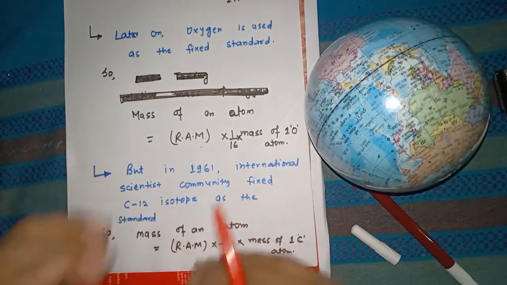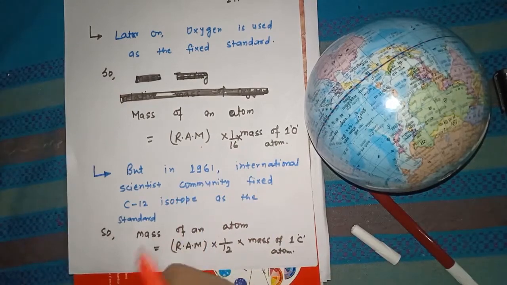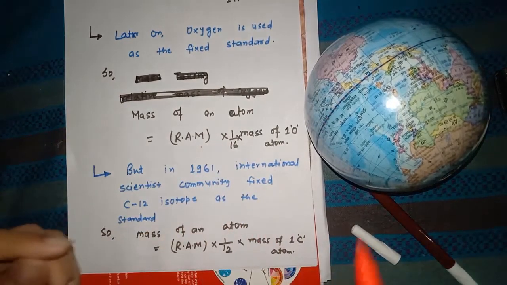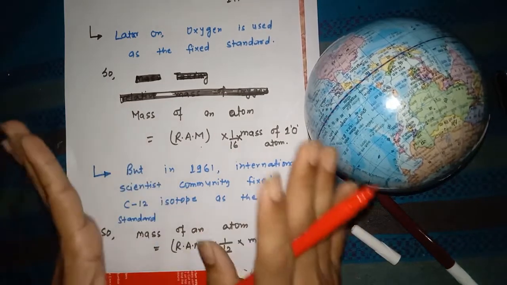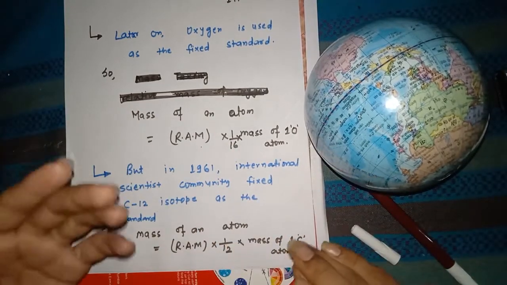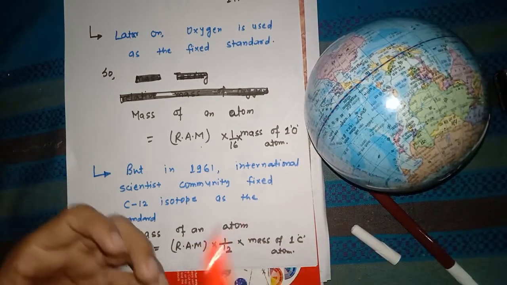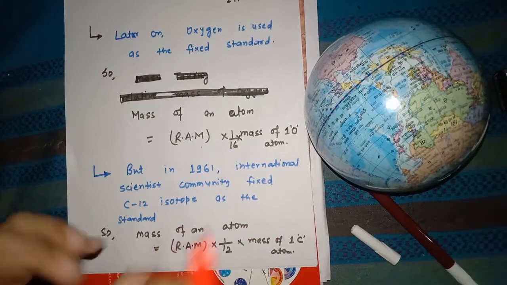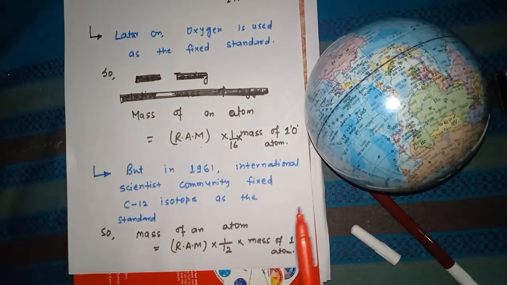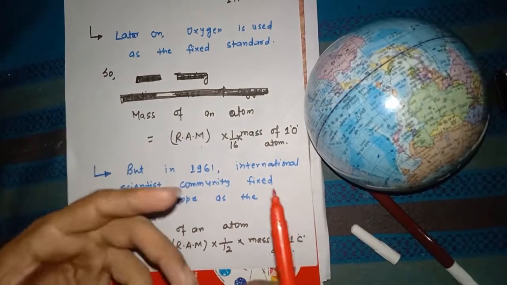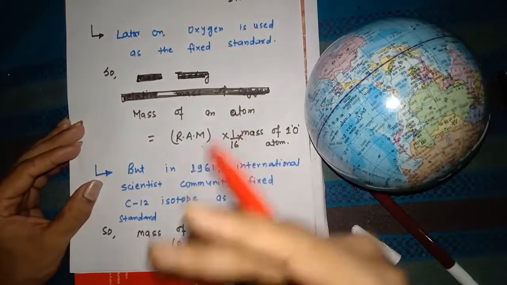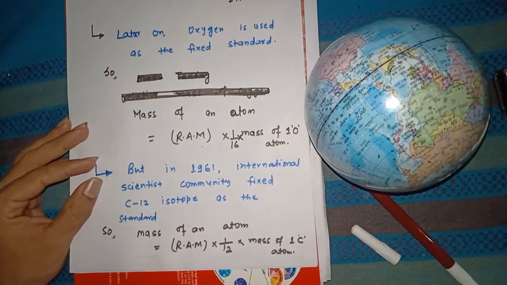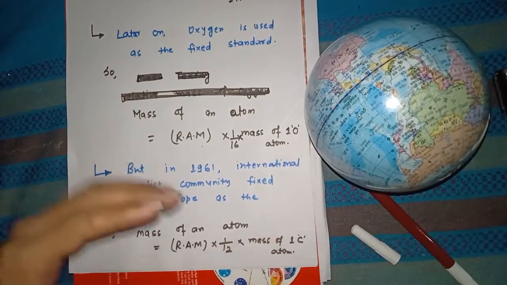In a similar manner, we can say that the mass of any atom with respect to the carbon 12 isotope is RAM into 1 by 12 into the mass of one carbon atom. Have you got my point? So let's say element A has a RAM of 10 units, then the actual mass of this element must be 10 into 1 by 12 into the actual mass of one carbon 12 isotope atom. Have you got my point?